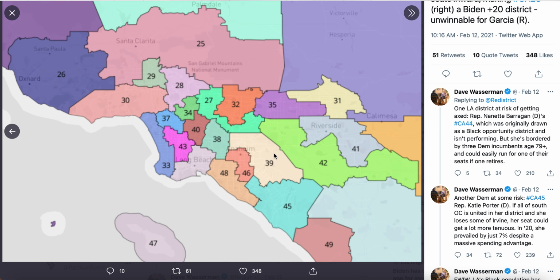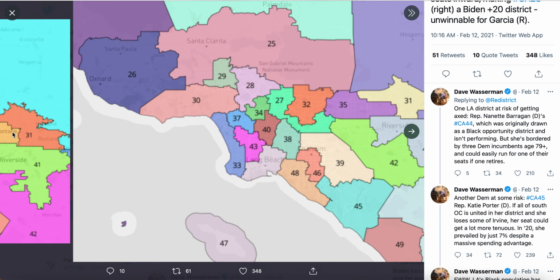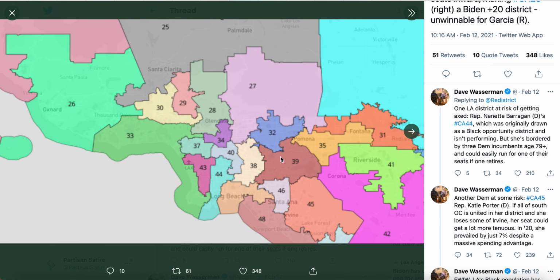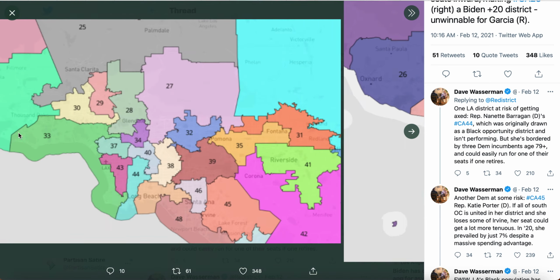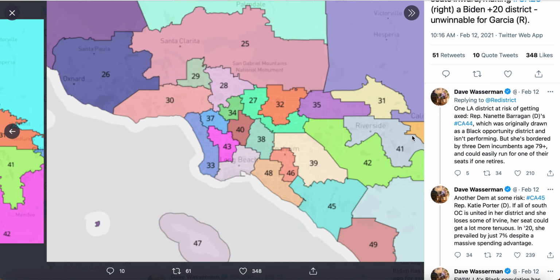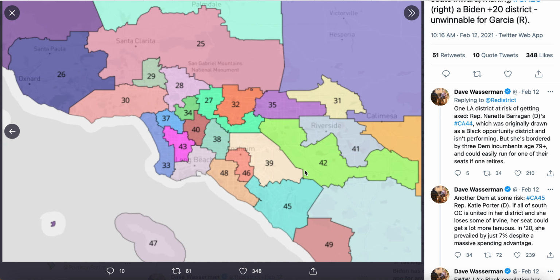I suspect that it might be a little bit worse for her because she is no longer having this area a little bit east of Corona, and instead she's having this area more of Anaheim, Orange County, and that's not as good for her because that's a much more competitive place for Democrats, and that's pretty much where Katie Porter's congressional district was, or currently is.